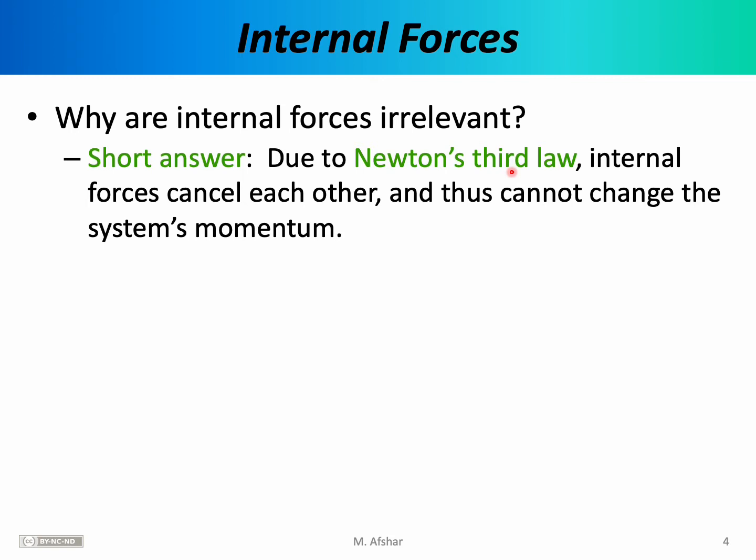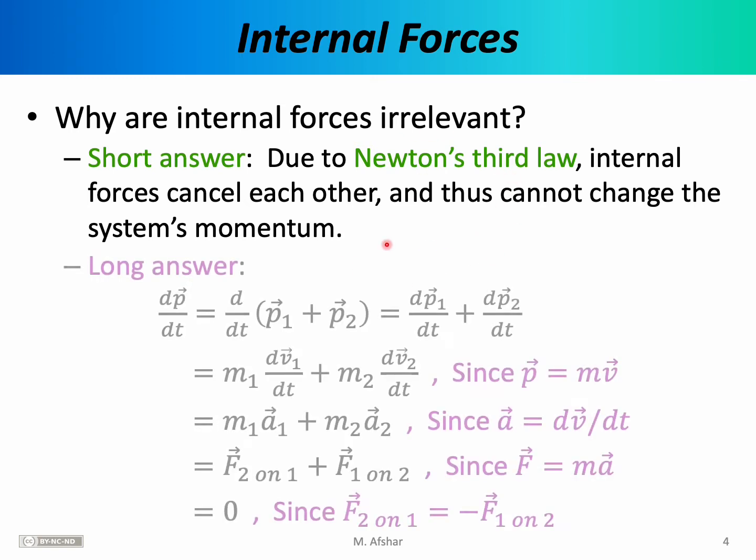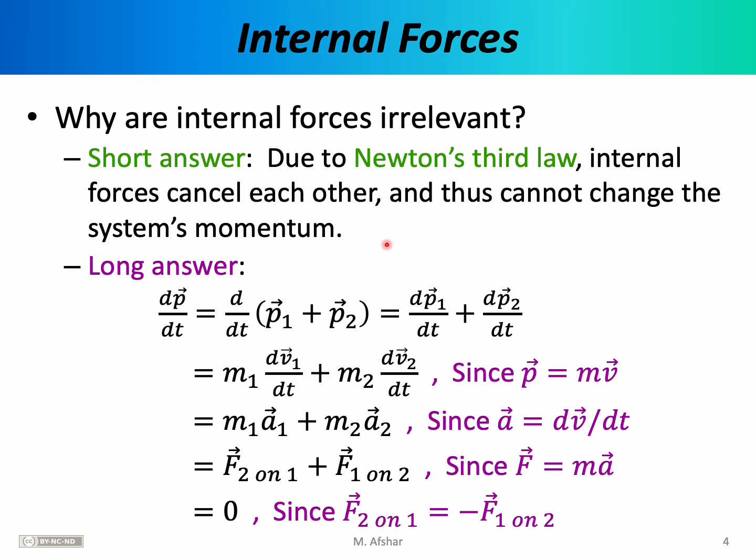What that means is that if component A of the system is pushing on another component, like component B of the system, then component B must be pushing back on component A. And these two forces simply add up and cancel each other out because they have equal magnitudes and they point in opposite directions.